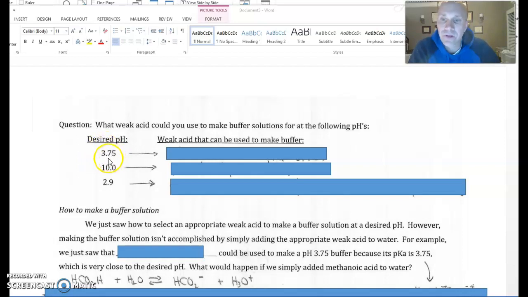All right. So the way we're going to do this is we need to find a weak acid that has a pKa of roughly around 3.75, which is the desired pH buffer we want to make. Right? So the way we can do this is to take a look at the data booklet.